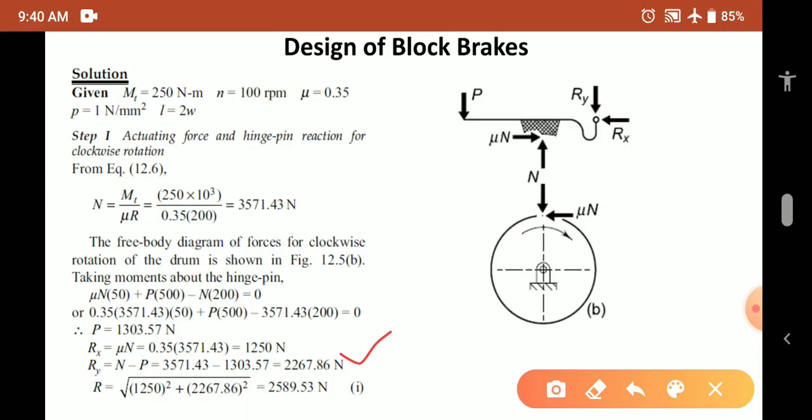Now the reactive force R is equal to the square root of Rx squared plus Ry squared. So we get R is equal to 2589.53 Newton. That is the total reaction at this center O.